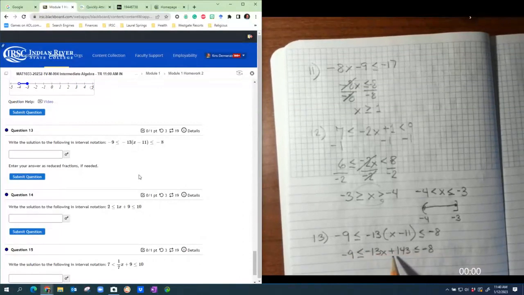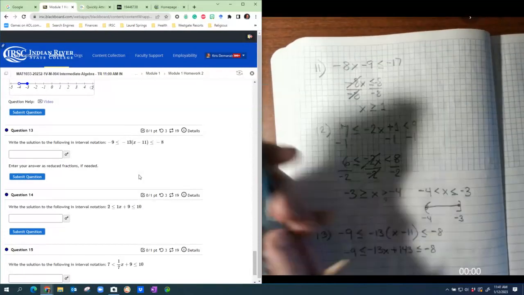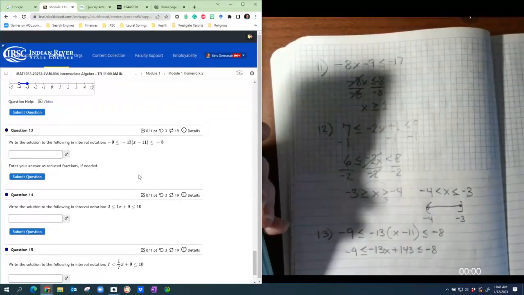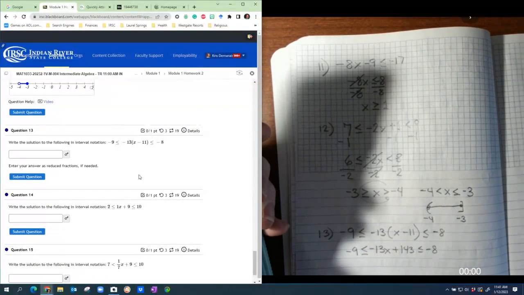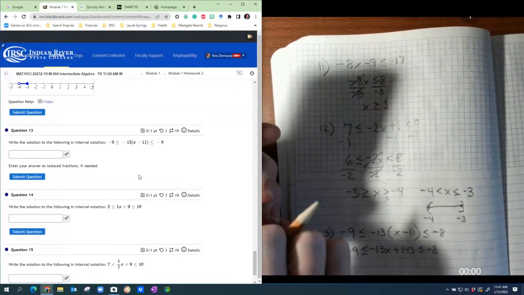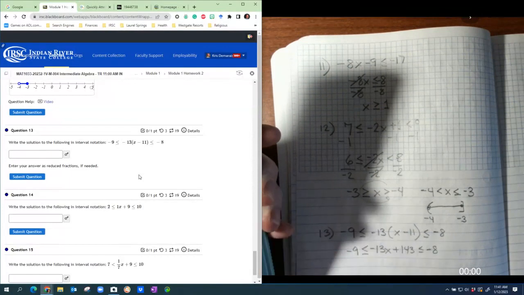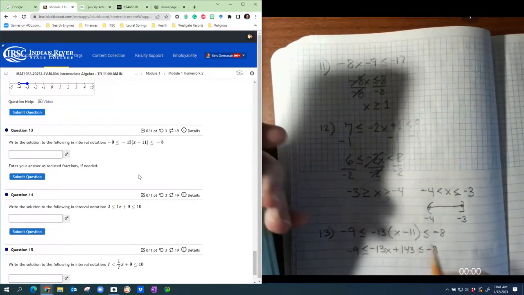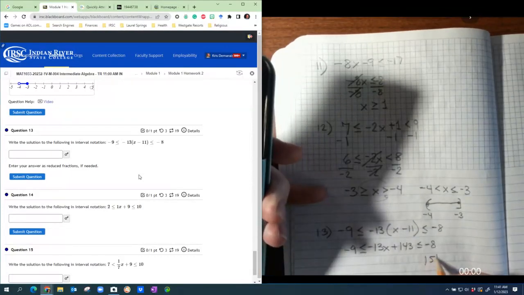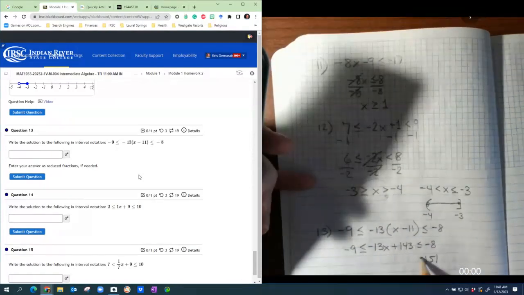Then I'm going to subtract 143 from both sides. I can just do that real quick. All right, that's going to give me this.